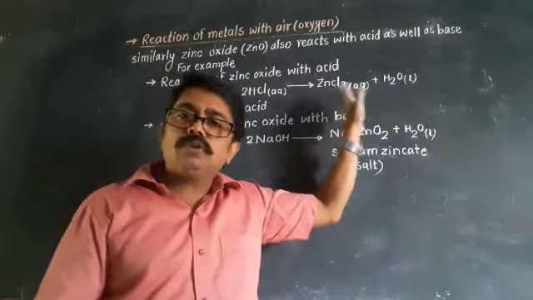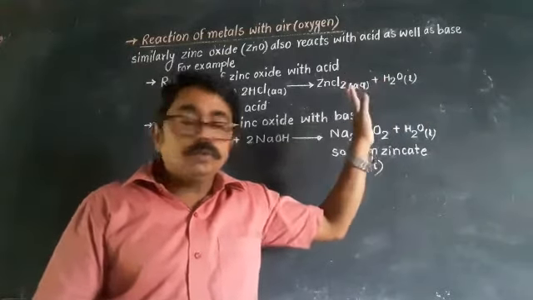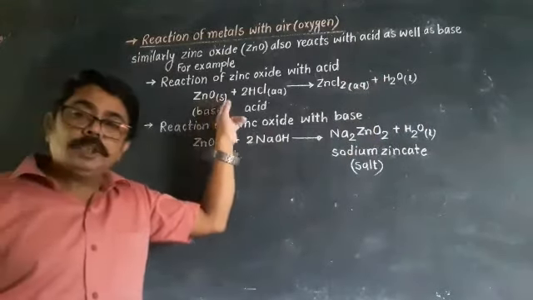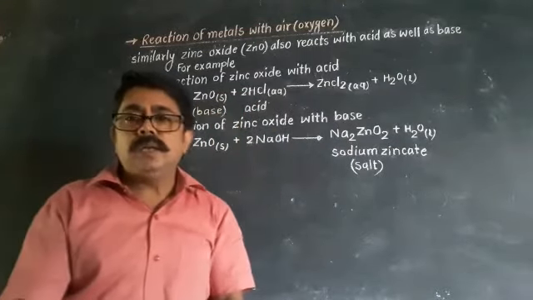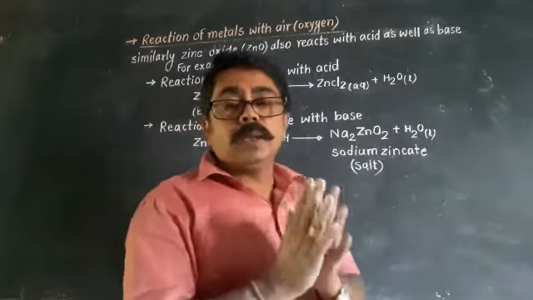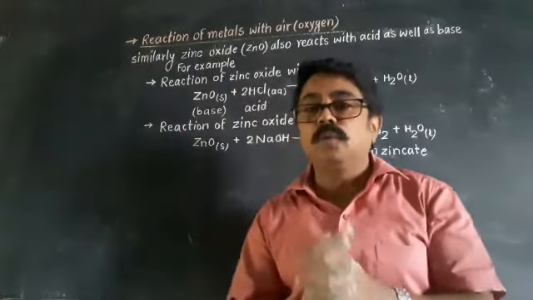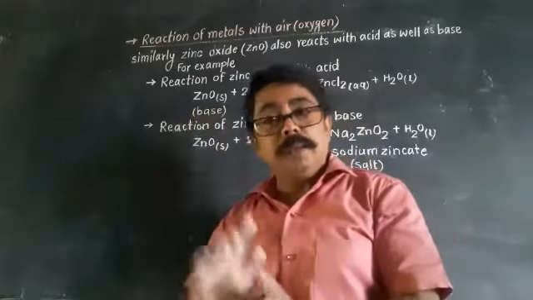This is a balanced chemical equation. Zinc chloride is the salt and water we get. So this reaction shows that zinc oxide is basic in nature because it is reacting with acid. So in this reaction it behaves as a base.